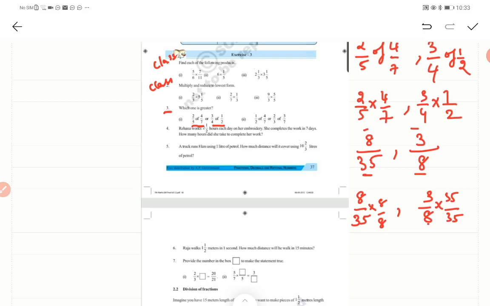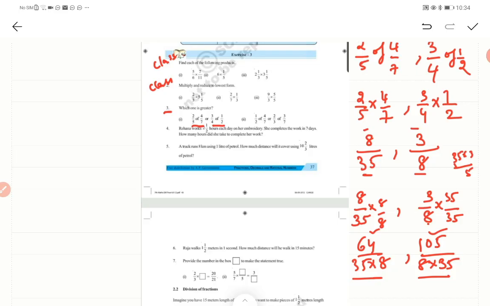So the numerator is 64 by 35 into 8. Don't go for multiplication. If you want, you can do it. So 35 into 3 will be 105. 5 3s are 15, 3 3s are 9, 10. Yes, it is 105 by 8 into 35. So we got denominators same.